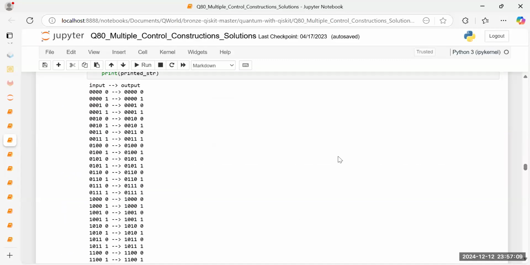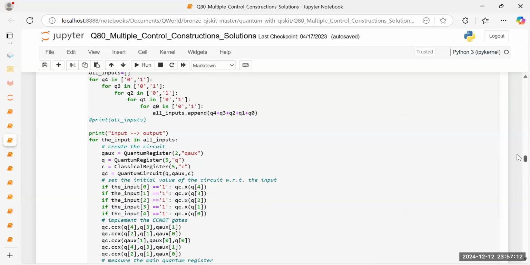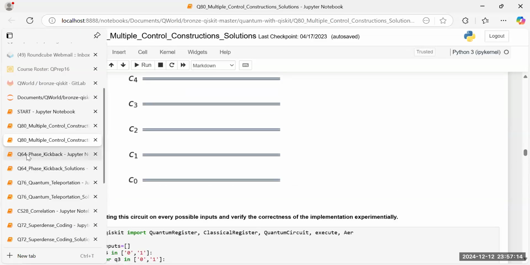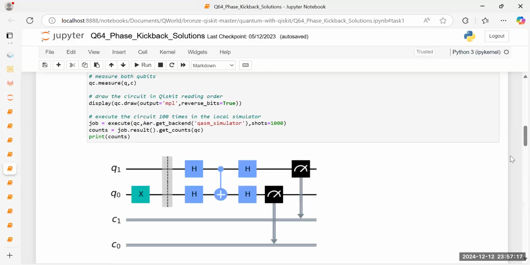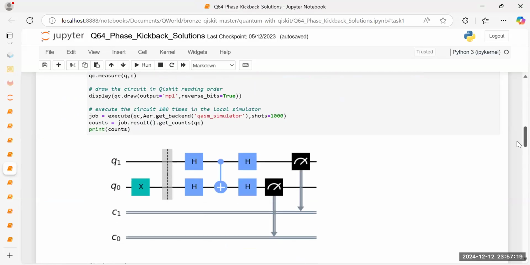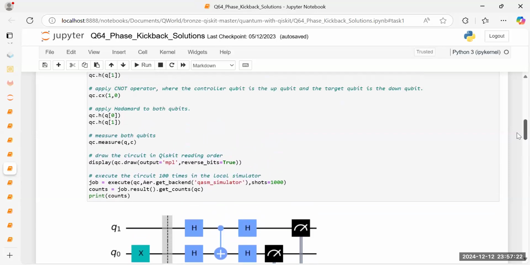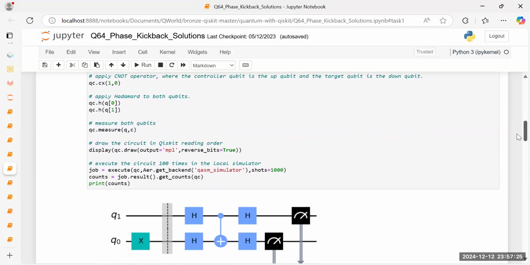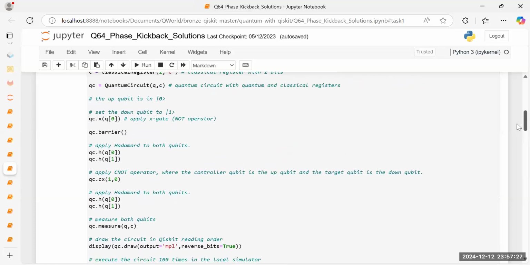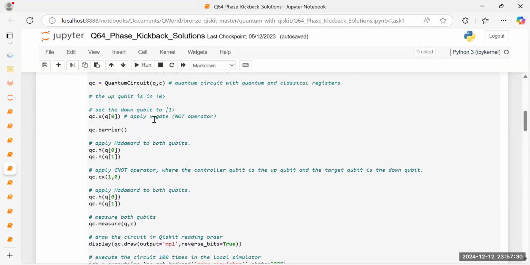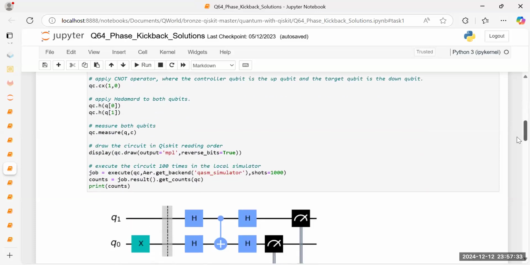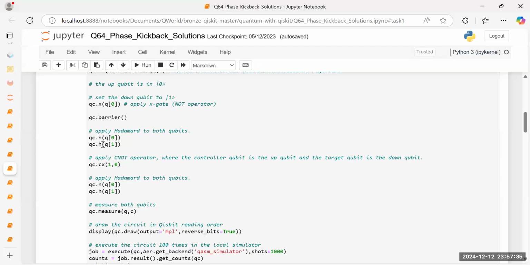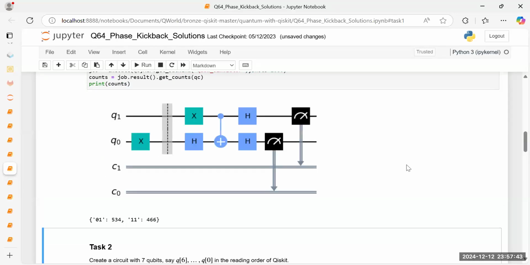So one thing I want to point out about phase kickback is that, for the circuit you see here, let's say we had an X gate here.